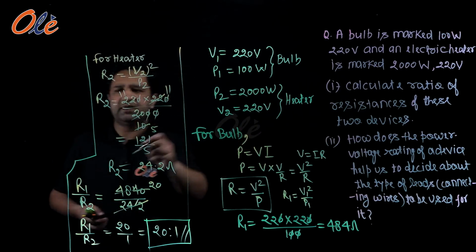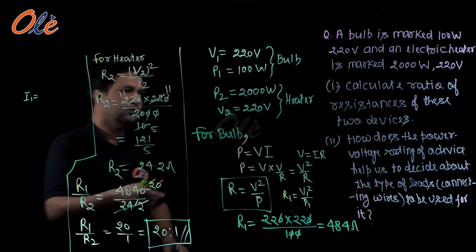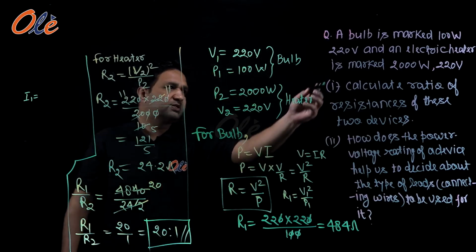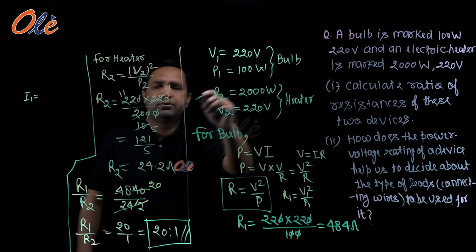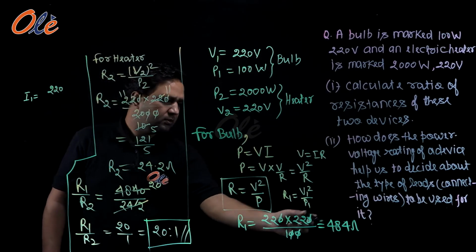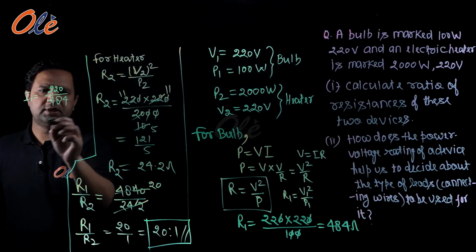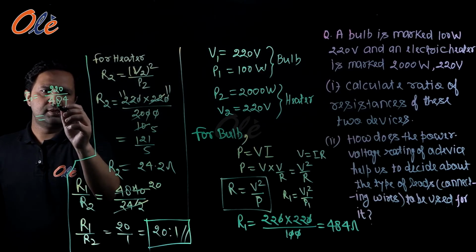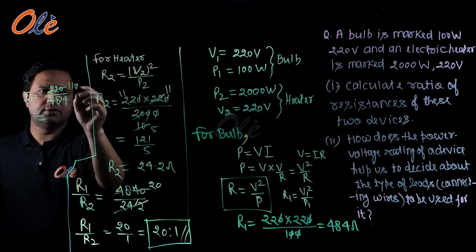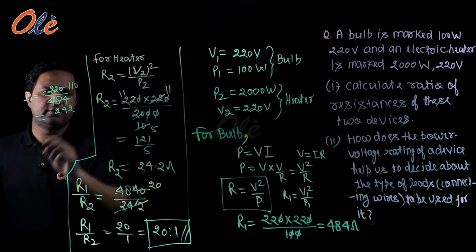सो बल्ब में देखते हैं कितना करंट ड्रा करेगा. I1 is equal to, what is I1? V1 upon R1. So V1 is 220 and R1 is 484. कितना आ जाएगा? कैलकुलेट करिए. 110, 2 2s are 4, 2 4s are 8, 2 2s are 4.